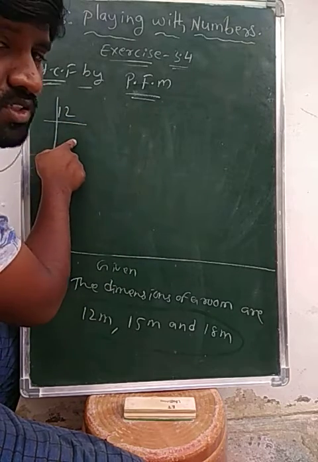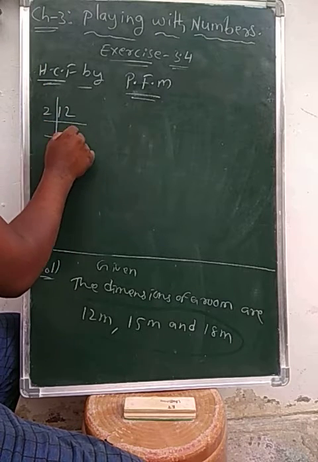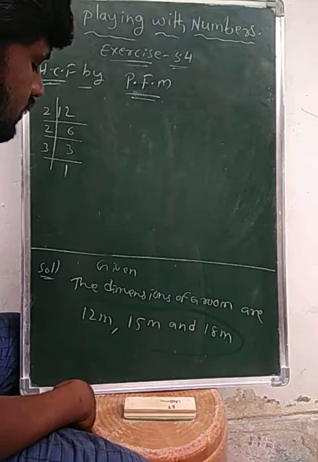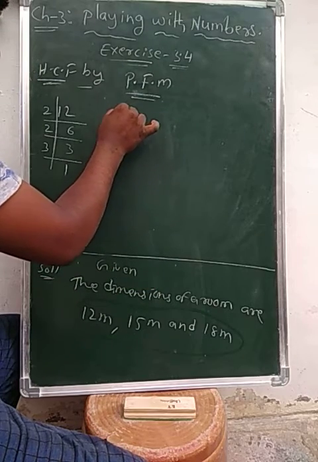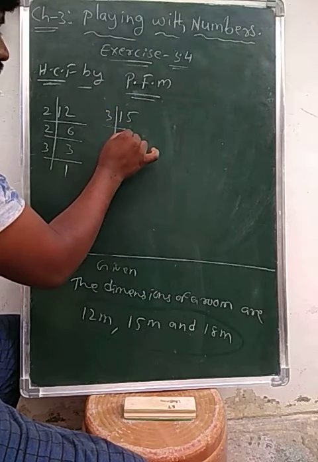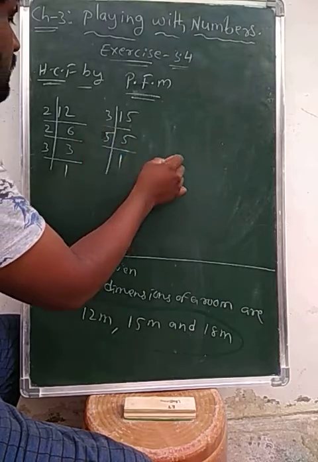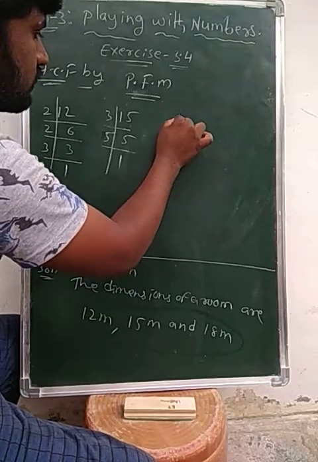Finding the prime factors of 12: 2 sixes are 12, 2 threes are 6, 3 ones are 3. And finding the prime factors of 15: 3 fives are 15, 5 ones are 5. And finding the prime factors of 18.